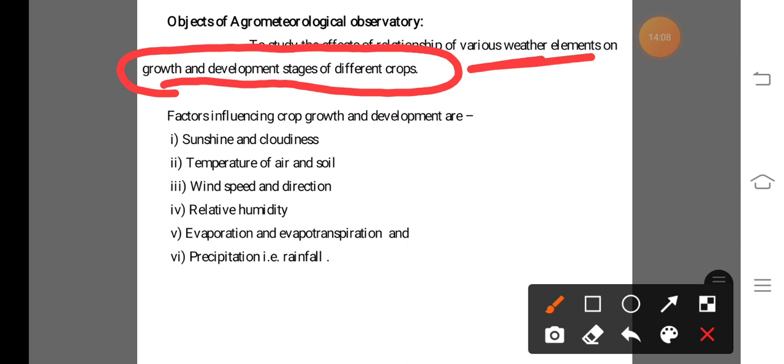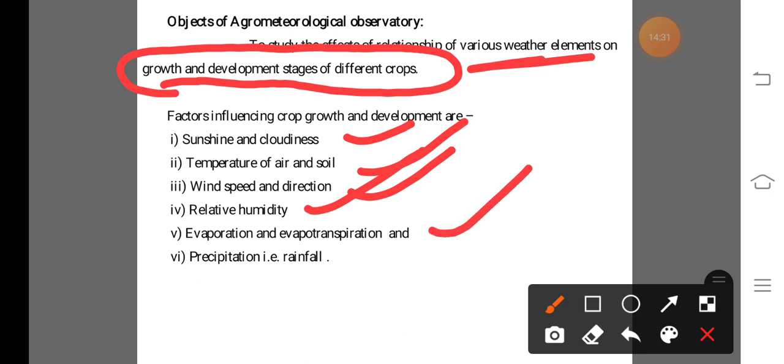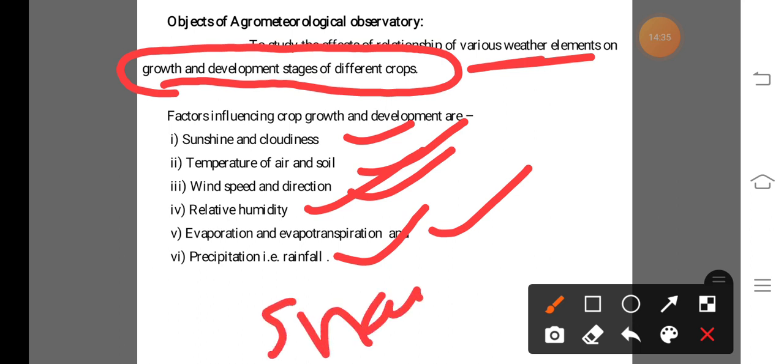During this study, or during recording of weather parameters, that means the different weather parameters that affect the crop, the weather parameters that affect the crops are sunshine and cloudiness, temperature of the air and temperature of the soil, wind speed and wind direction, relative humidity, evaporation and transpiration, and the last one is precipitation, including rainfall and snowfall.